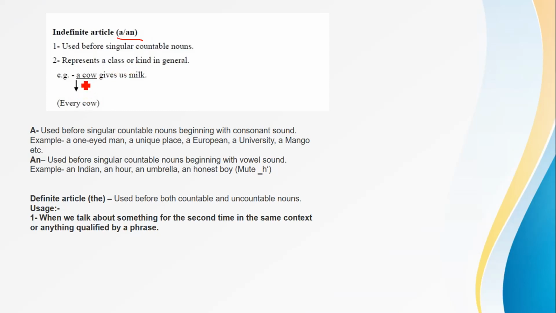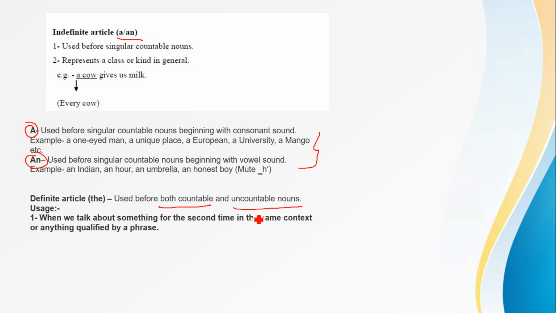Over here I say a cow means every cow, or randomly I'm picking out a cow. A cow gives us milk means every cow is a milking cow. And this we have already done, that a is used before a consonant sound and an is used before a vowel sound, and both are used in singular nouns. The is used with both countable and uncountable nouns.